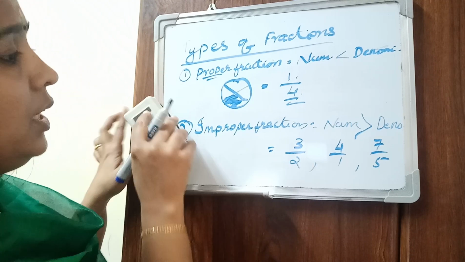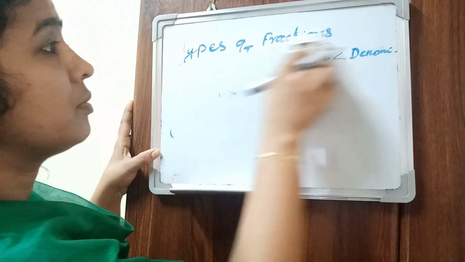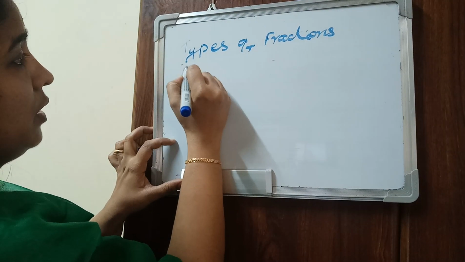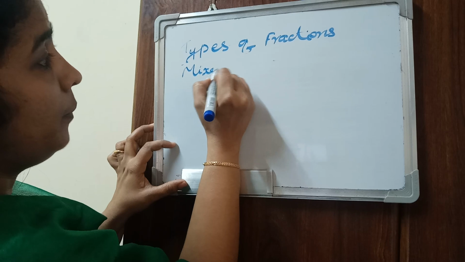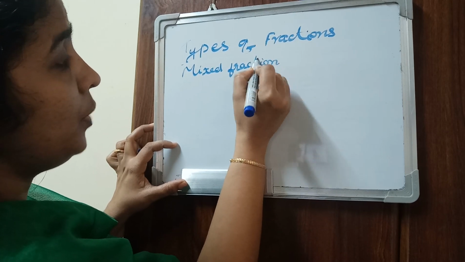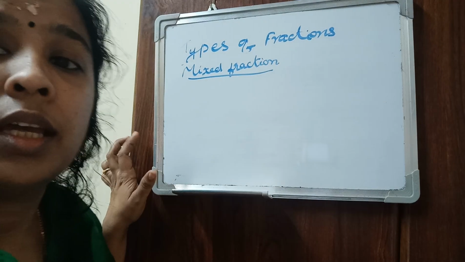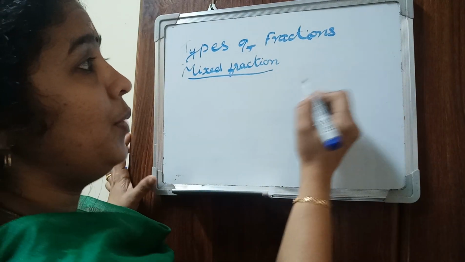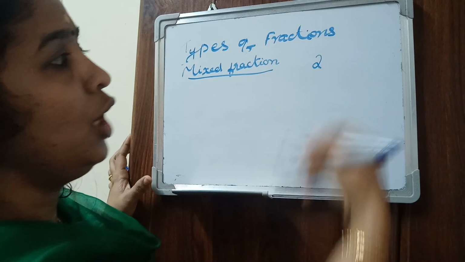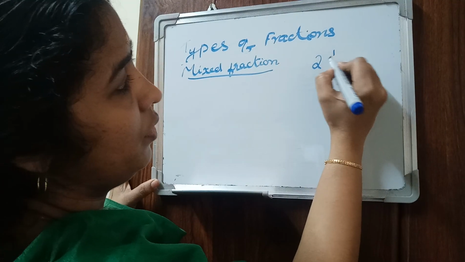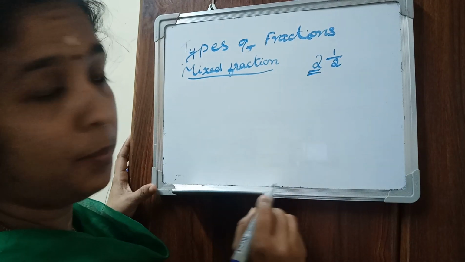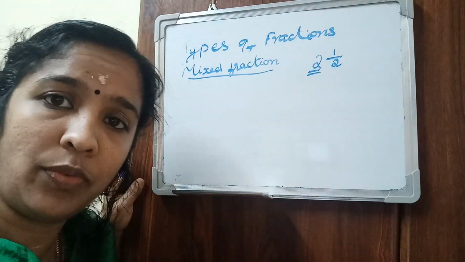Then another type of fraction is the mixed fraction. What do you mean by mixed fraction? In a mixed fraction, there will be a whole number and a proper fraction. 2 and 1 by 2: 2 represents the whole number and 1 by 2 is a proper fraction.